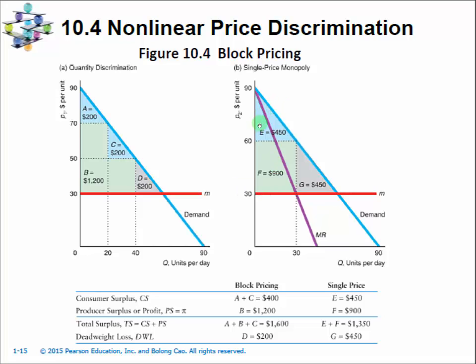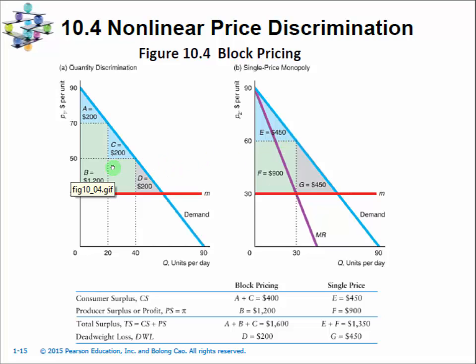The consumer surplus is this area E of $450 under uniform pricing, and the area G is this deadweight loss of $450. So if we compare the welfare effect of block pricing, we see that using block pricing, the firm with market power extracts more consumer surplus. The consumer surplus left in this block pricing market is only $400, but in the uniform pricing market, it's $450.